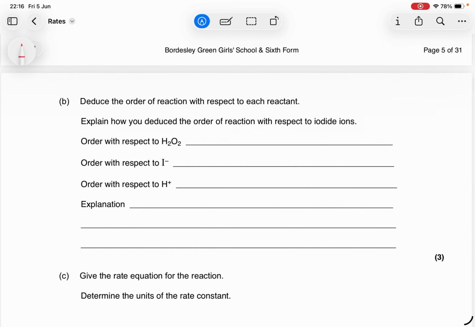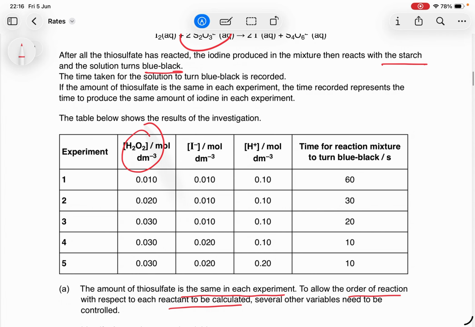Now, deduce the order of reaction with respect to each reactant. Okay, so we need to know with respect to each. The best way to do this is if you look at experiments 1 and 2, I minus is constant, H plus is constant, hydrogen peroxide is doubled, and the time taken for the reaction mixture halves, which means the rate doubles.